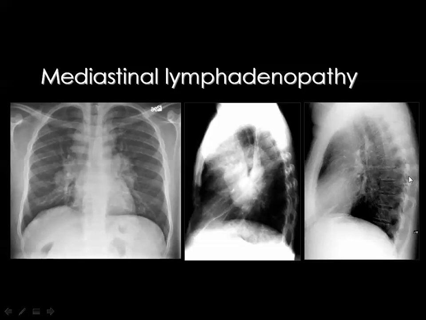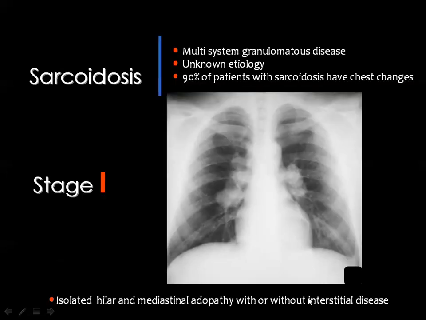But if you do not see any extra density superimposed on the hilum, this is vascular. But you are sure that these are lymph nodes because you see also paratracheal lymphadenopathy and the lobulated outline of the affected nodes. And sarcoidosis is a multisystem granulomatous disease of unknown etiology.